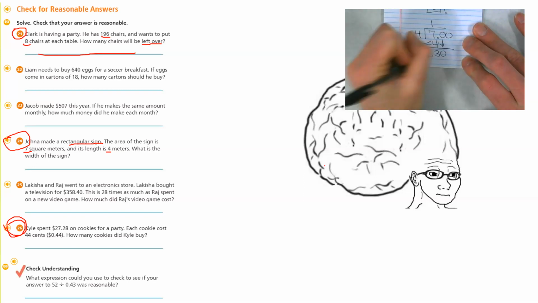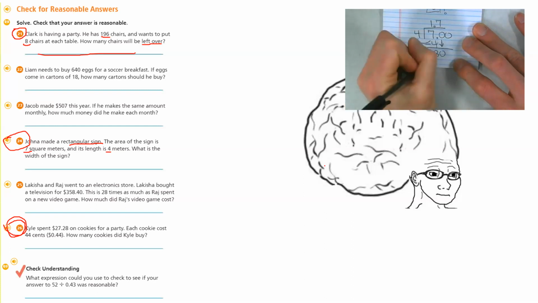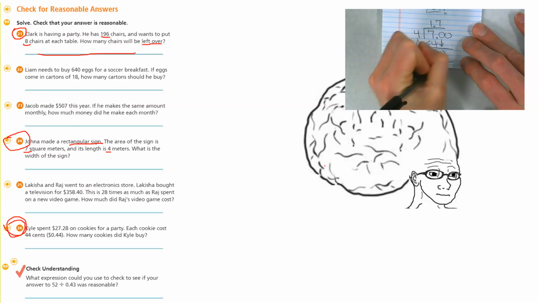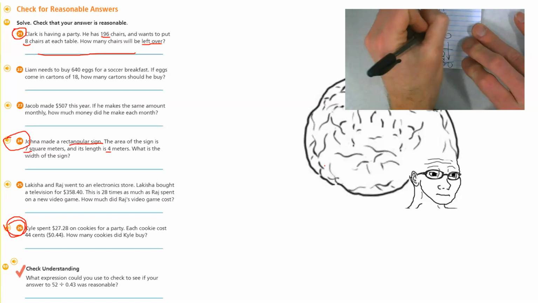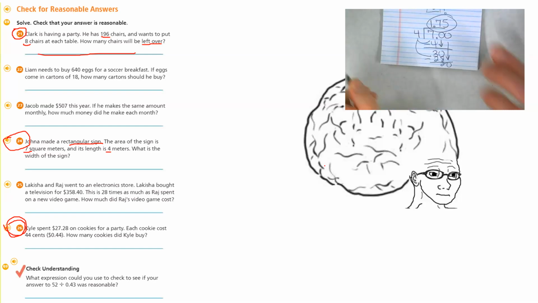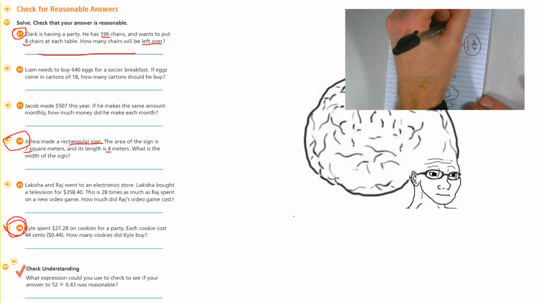How many 4s go into 30? 7. What's left over? Well, that was 28. There's 2 left over. Bring down the next one. How many 4s go into 20? 5. Wait, 1.75 is the same thing as 1 3/4. So I don't care which one you did. Either way, it's 1.75 or 1 3/4, and then just make sure you put meters.